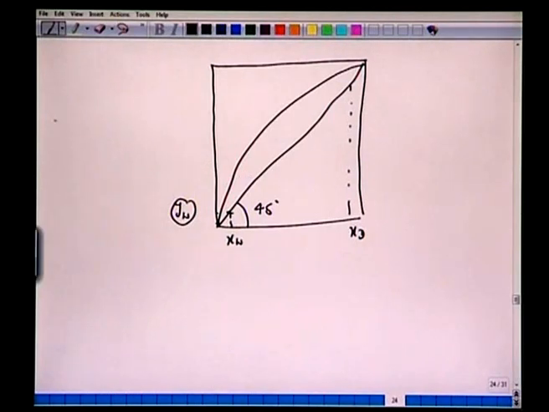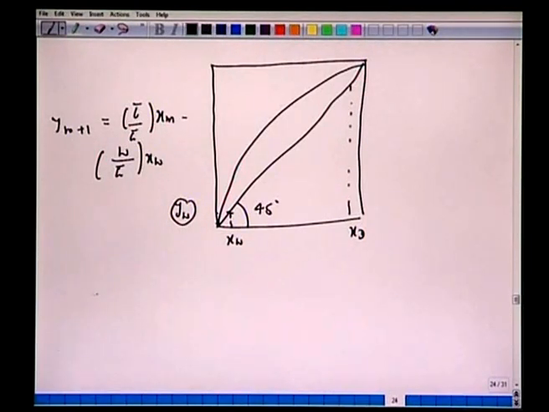So the equation of the operating line is ym plus 1 equals L bar over G bar, which is a constant, xm minus W over G bar xW. With this slope of L bar by G bar, and from xW, yW, because this coordinate satisfies this operating line, we can draw it. So this is the operating line for the stripping section.